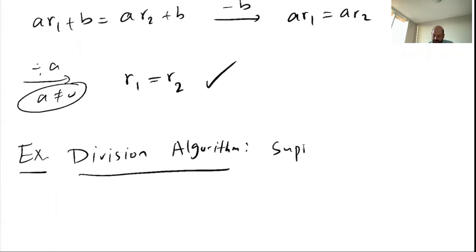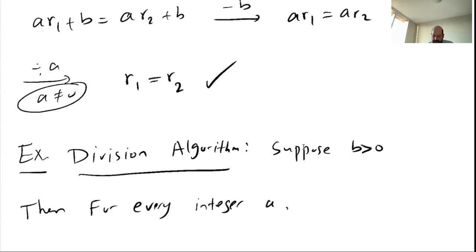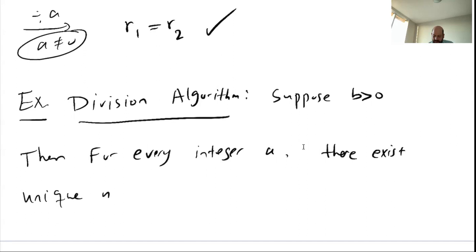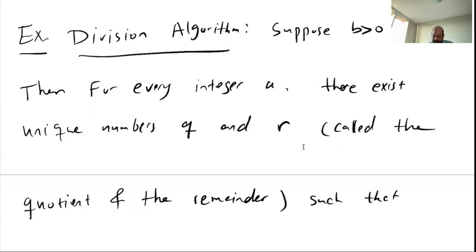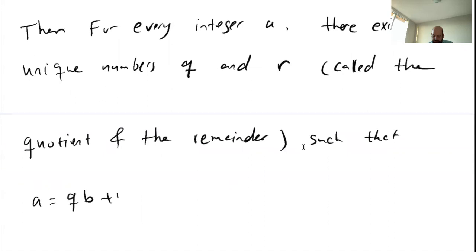So suppose B is bigger than 0, then for every integer A, there exist unique numbers Q and R, called the quotient and the remainder, such that A is equal to QB plus R and R is bigger than or equal to 0 and less than B.